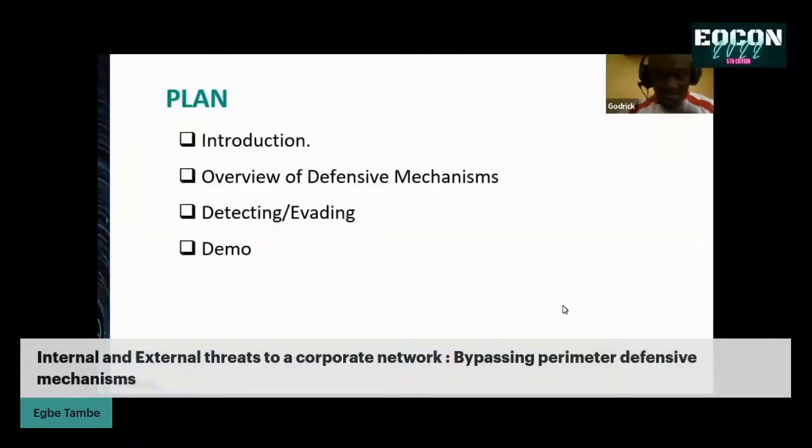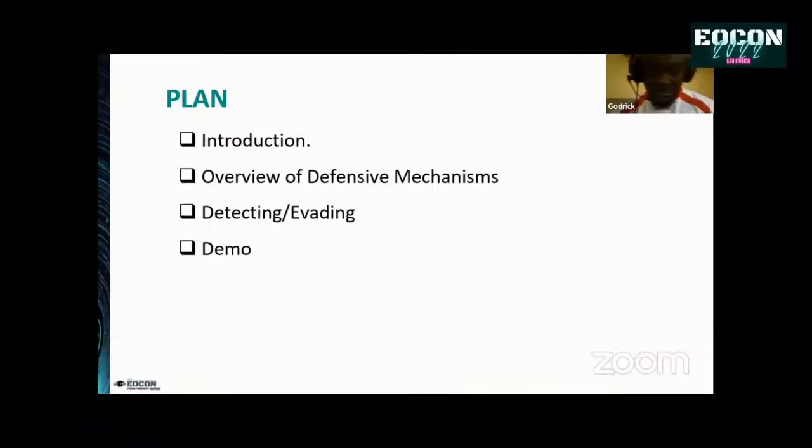The plan is a general introduction and overview of these defensive mechanisms, then some techniques for detecting or evading them. At the end, we'll have a demo. It's not going to be much, just seeing live how we could use social engineering to get the Meterpreter session on our Metasploit in our academic notes.